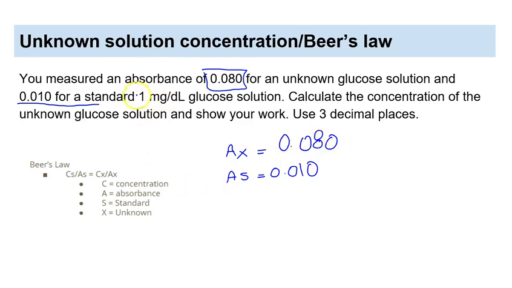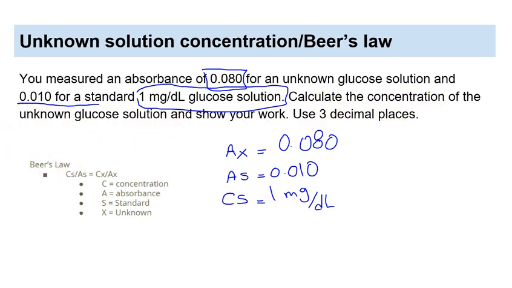Okay. But what do we have here as well? 1 milligram per deciliter is the concentration of our standard solution. So we have another number. So let's put it here. We have the CS, which is the concentration of our standard solution, is 1 milligram per deciliter. Please do not forget to add the units. And now it is asking to calculate the concentration of the unknown glucose solution.